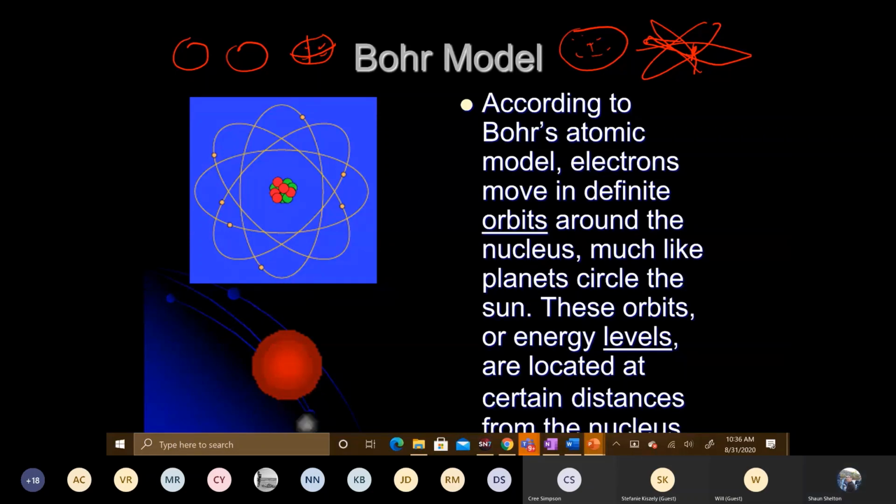So, according to Bohr's atomic model, electrons move in definite orbits around the nucleus, much like planets around the sun. These orbits or energy levels are located at certain distances from the nucleus. And so, when we get into the future chapter, we will look at Bohr's model more closely.